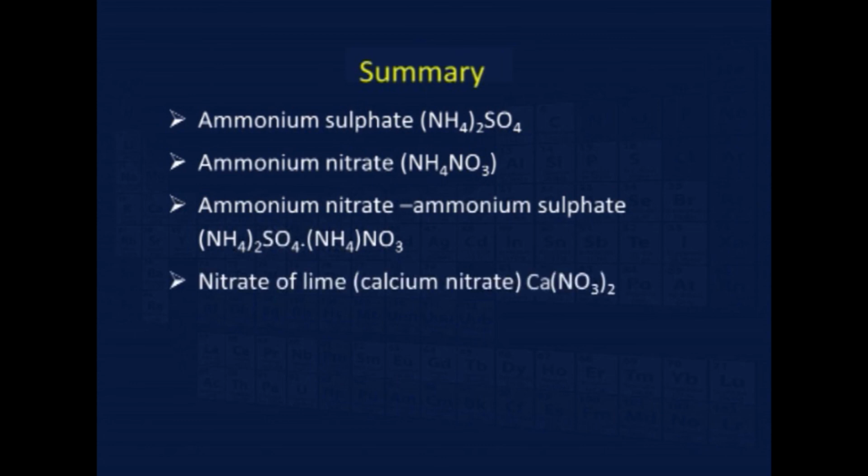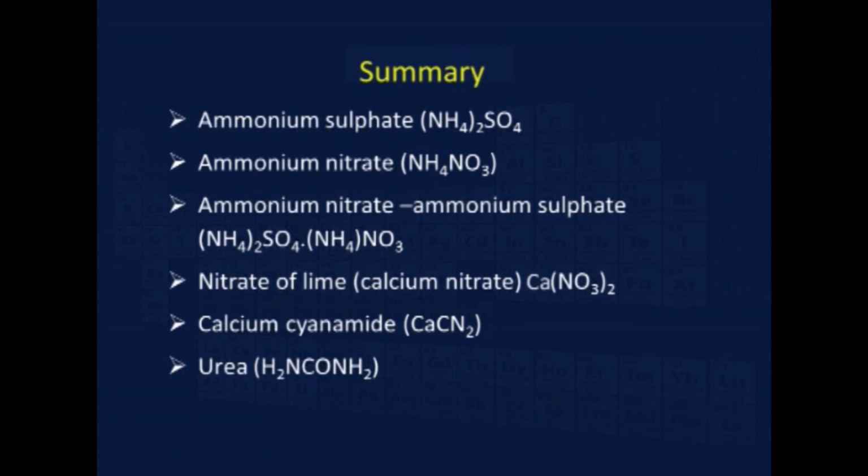One is calcium nitrate, where our counter cation is calcium, not the standard ammonium. Then calcium cyanamide, which is manufactured from a byproduct, so it is an economical fertilizer, and urea, one of the first synthetic organic compounds. Urea is synthesized in a reversible reaction which is challenging, therefore, it is economically slightly higher in cost. So, with this we come to an end for nitrogenous fertilizers.